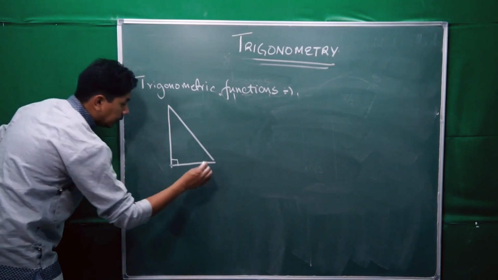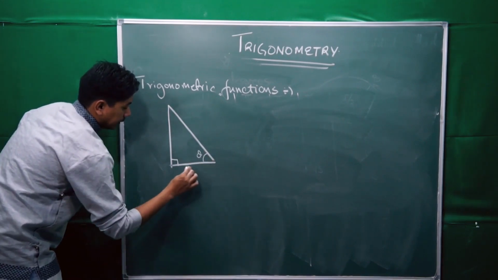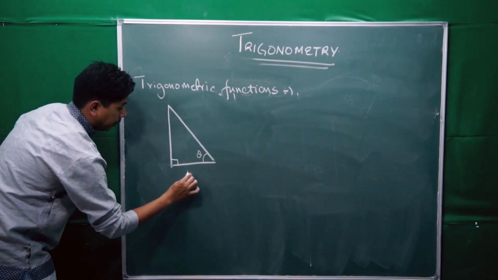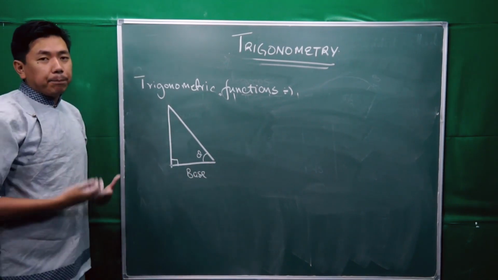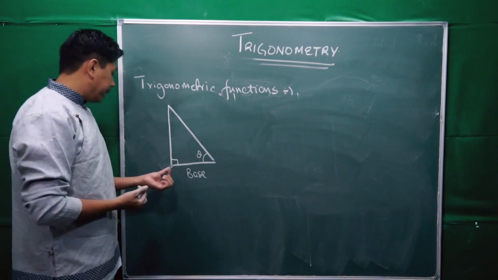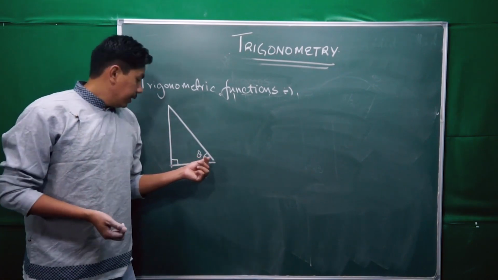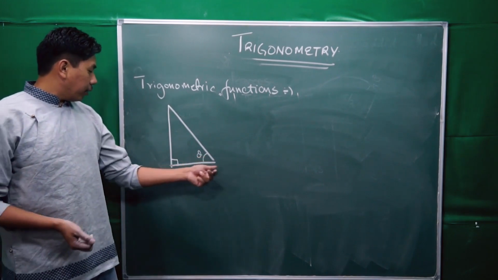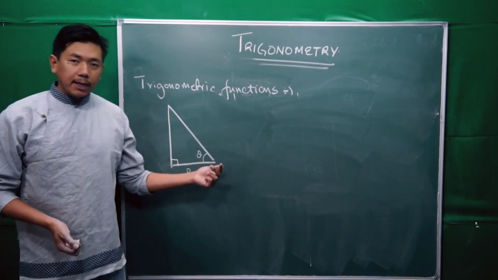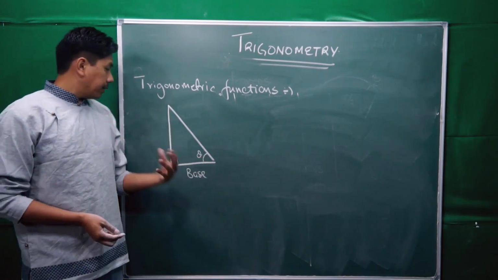The first one, let's say this side is called base. Okay. And base is the side that usually contains the 90 degree and the required angle. These two angles are always based on the side that is known as base.